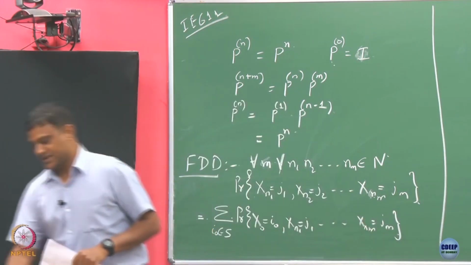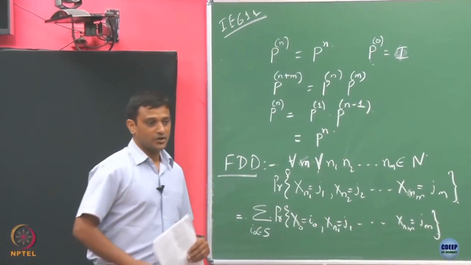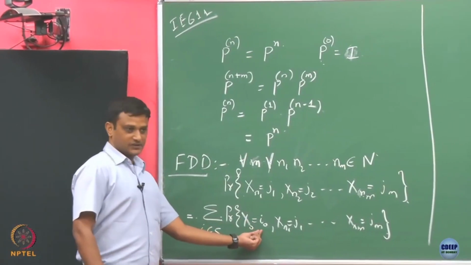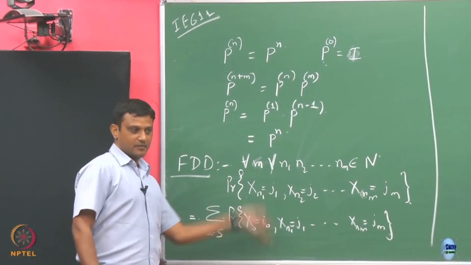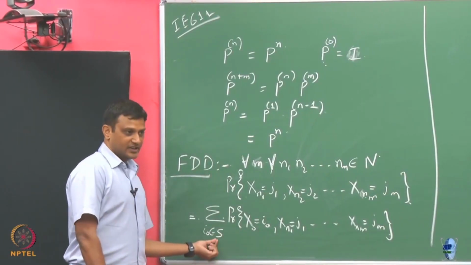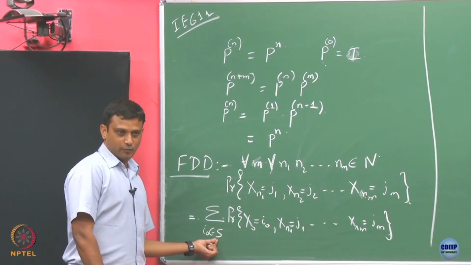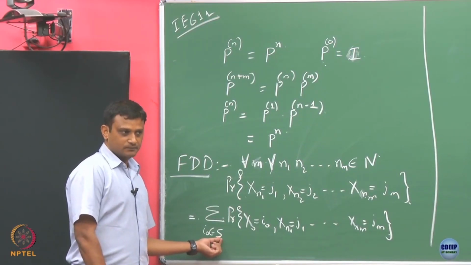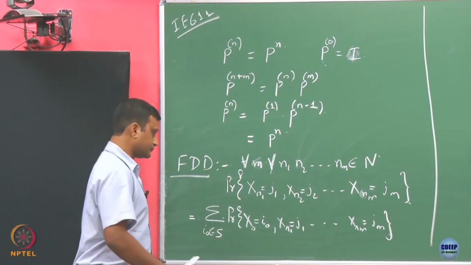If I do this, nothing changes, right? These two quantities are the same, since I have just introduced the random variable x0 and summed over all possible values it can take. We have said that all possible values come from the state space S.